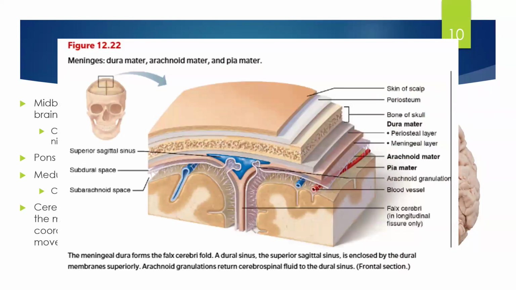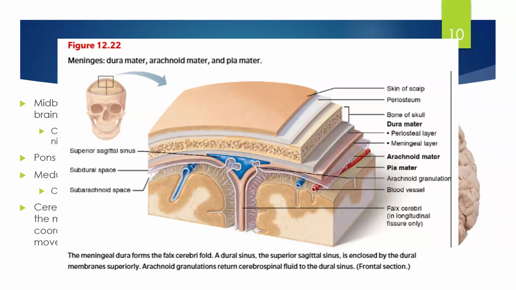This again is a little bit more lab, but I wanted to put it in here because my professor talks a lot about it in class, so I can see it coming up on your lecture exam. These are the meninges of the brain. We are starting on the very outside. Here is your scalp.